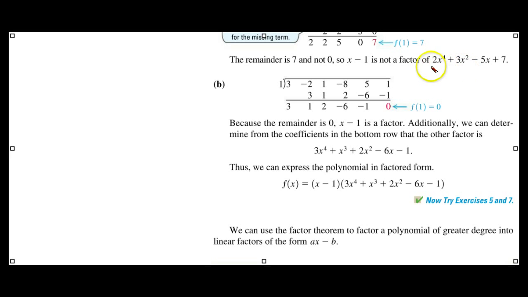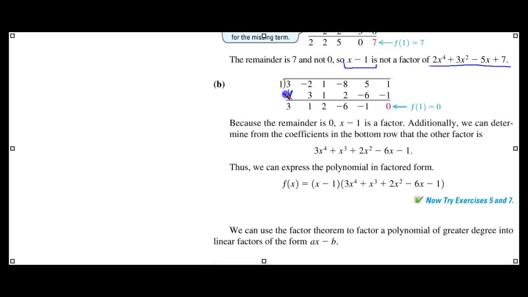Now, in letter B, we're looking at this polynomial, and we're saying, is x minus 1 a factor of this polynomial? Well, again, we use the technique of the opposite sign of our k value. Sometimes we think of it as c, and it would be the opposite sign, positive 1.